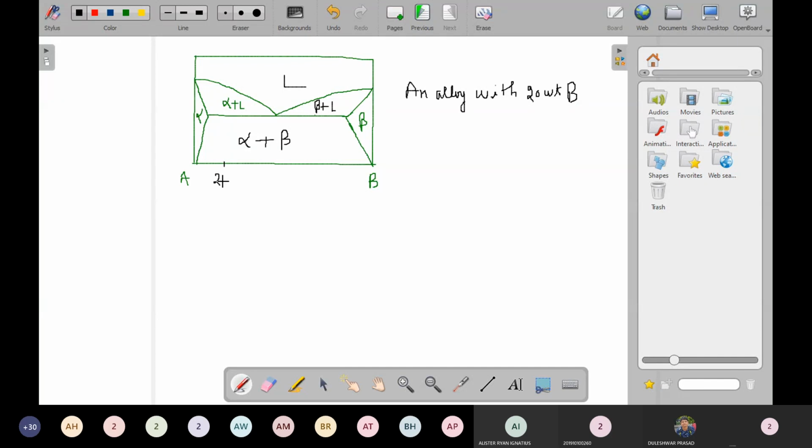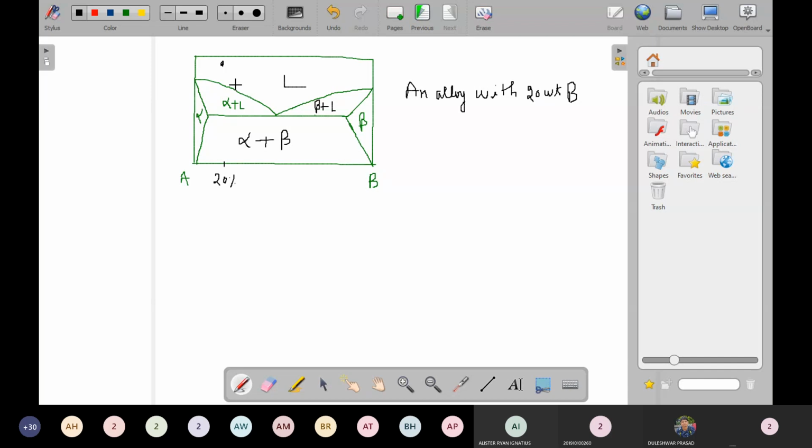So this is our alloy. If I am saying an alloy with 20% B, it means 80% will be A. So 80% will be A over here and 20% will be B. Now, if I have taken an alloy with 20% B and heated it to the liquid region, we have melted this alloy and we came to this region.